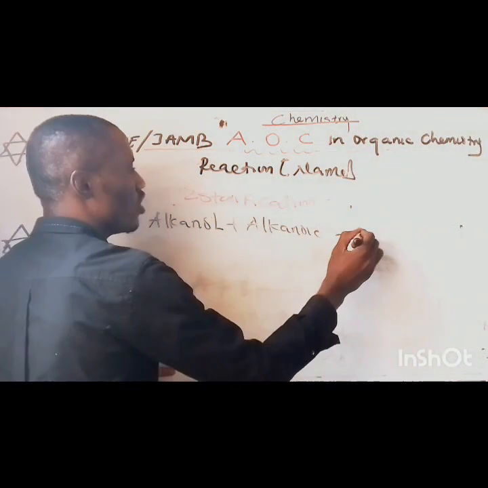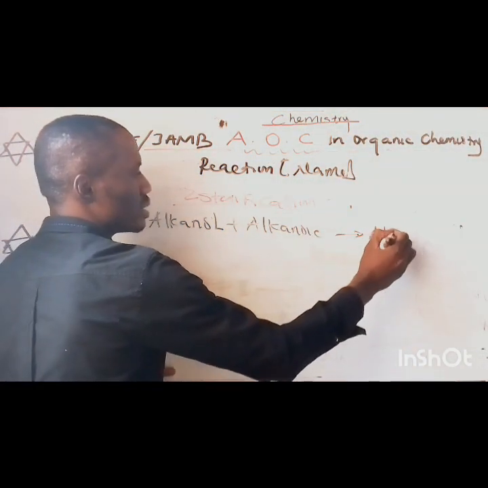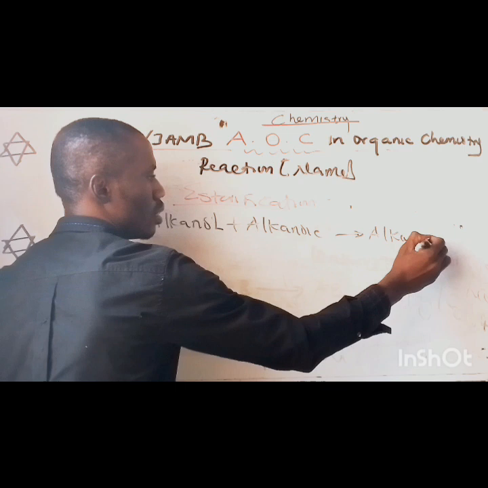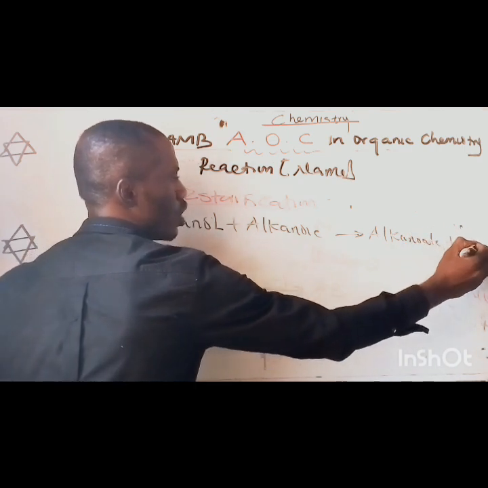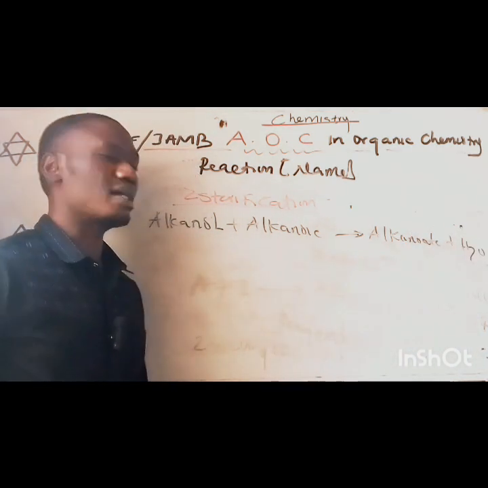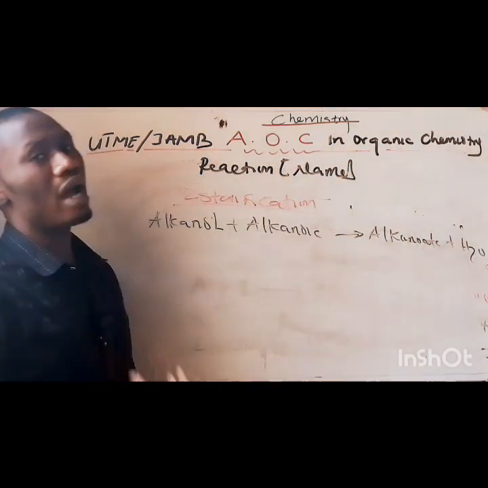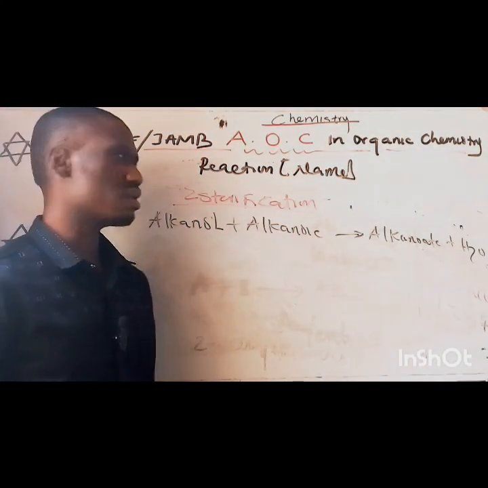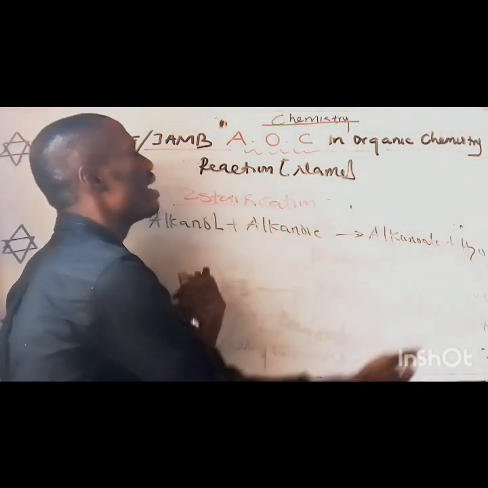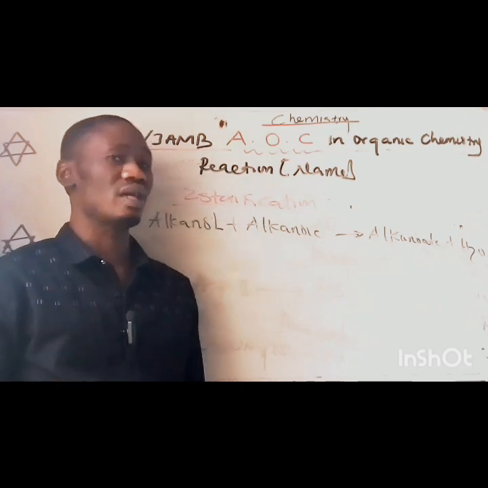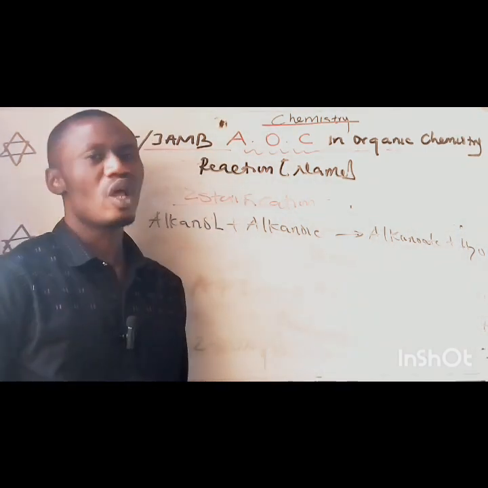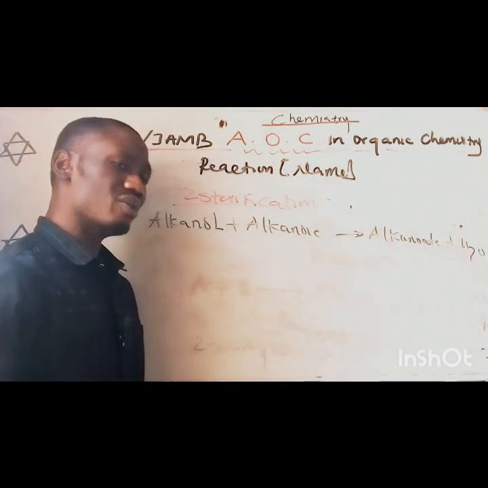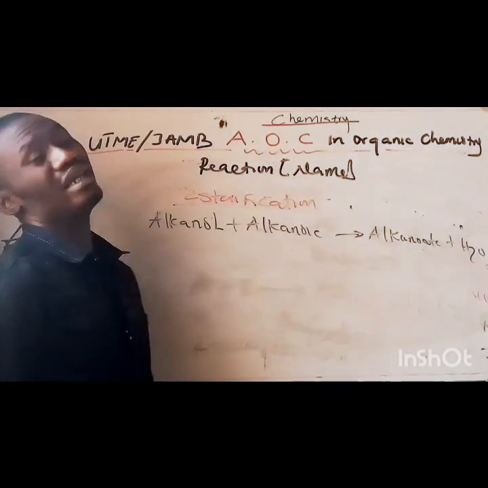And then it's going to give me alkanoate and water. In fact, there's a question they ask you. The addition of alkanol to alkanoic acid is known as what? Esterification reaction. The reverse reaction of esterification reaction is known as what? Hydrolysis reaction.